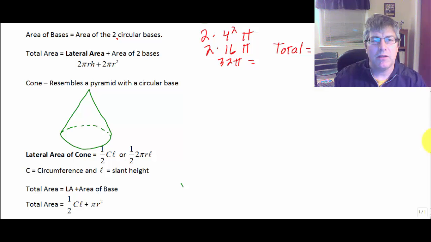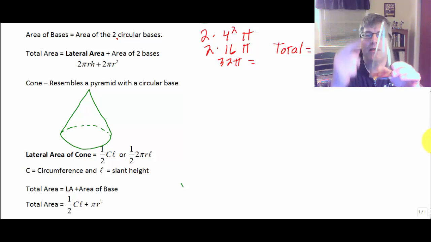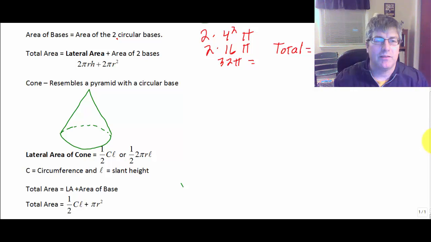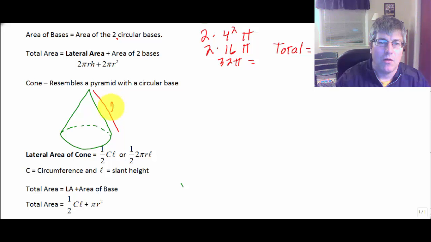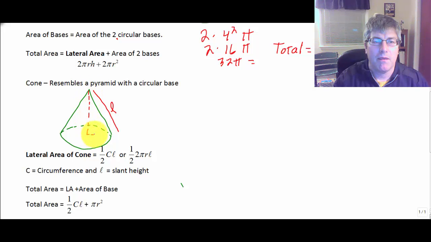But our lateral area of the cone, the area that the label would be, is 1/2 the circumference times the slant height. Well, what's the slant height? The slant height of our cone is this height along the outside, labeled L. And the cone has an altitude extending from its vertex, just like a pyramid does.